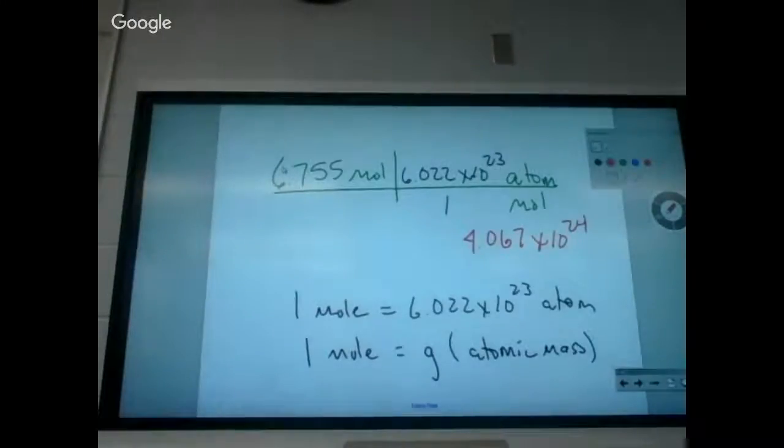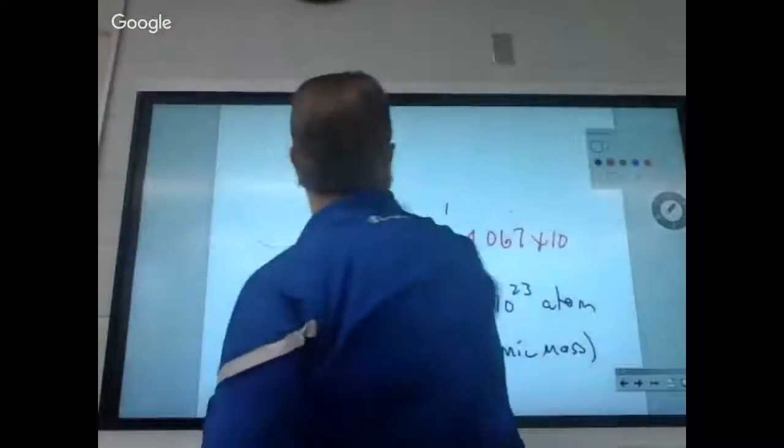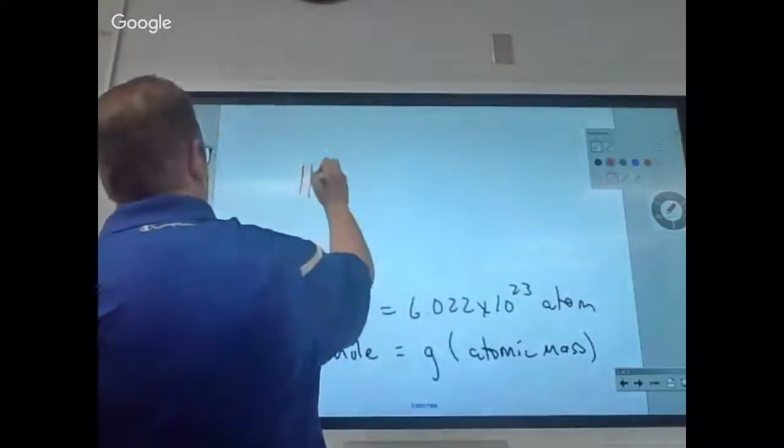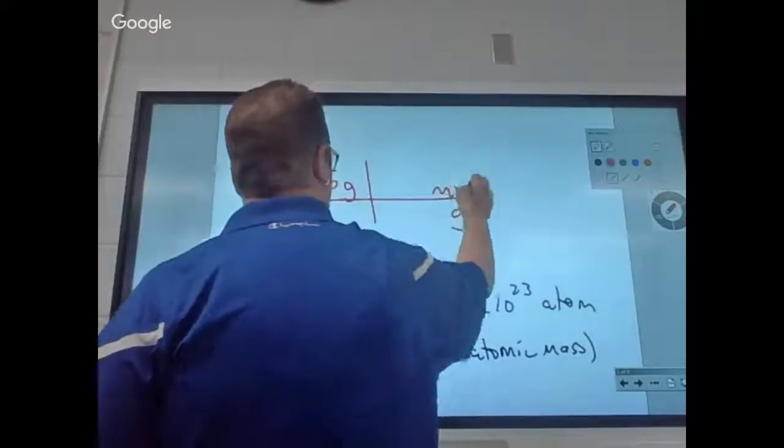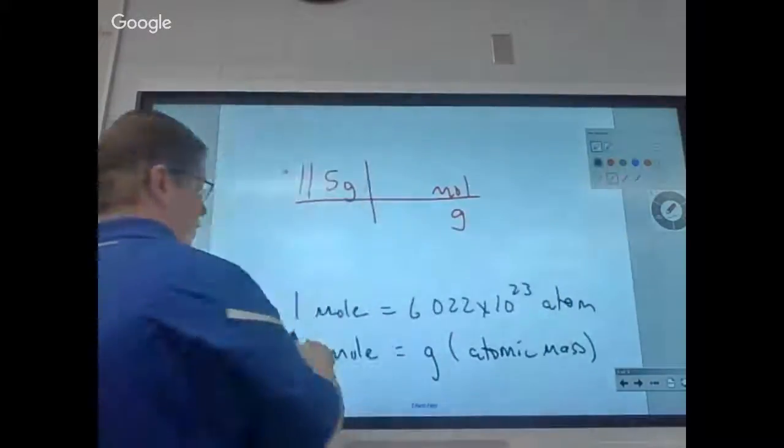I already did that one, didn't I? I would have sworn I did 3. I did 4. 3 has 11.5 grams. Grams to moles. What goes beside moles? 1.